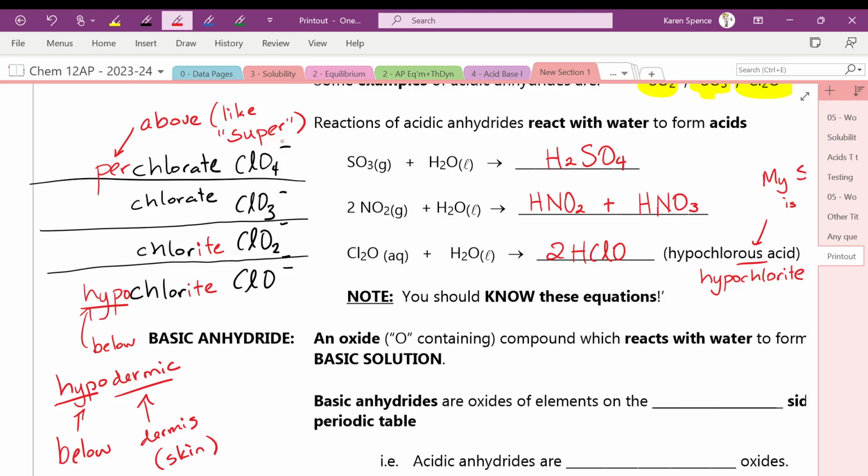So oxide is O2 minus. Peroxide means you got more O's. O2 2 minus. At any rate, there we go.